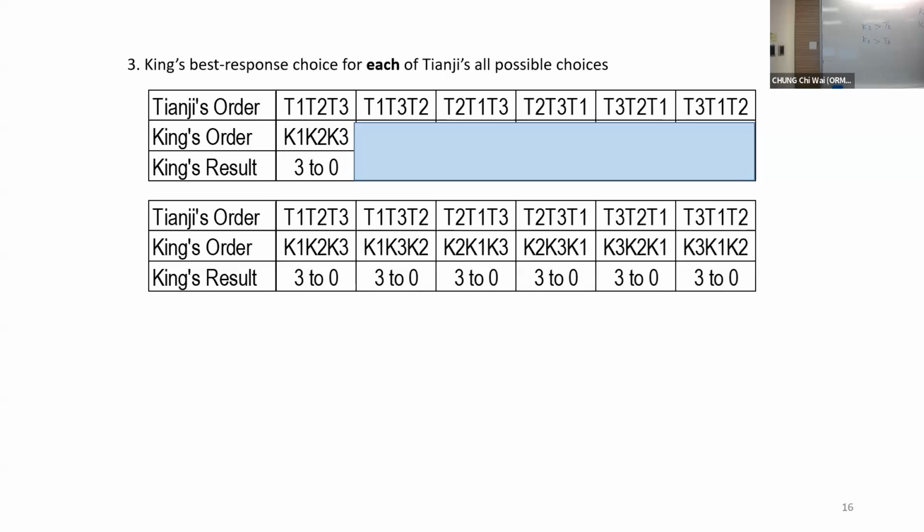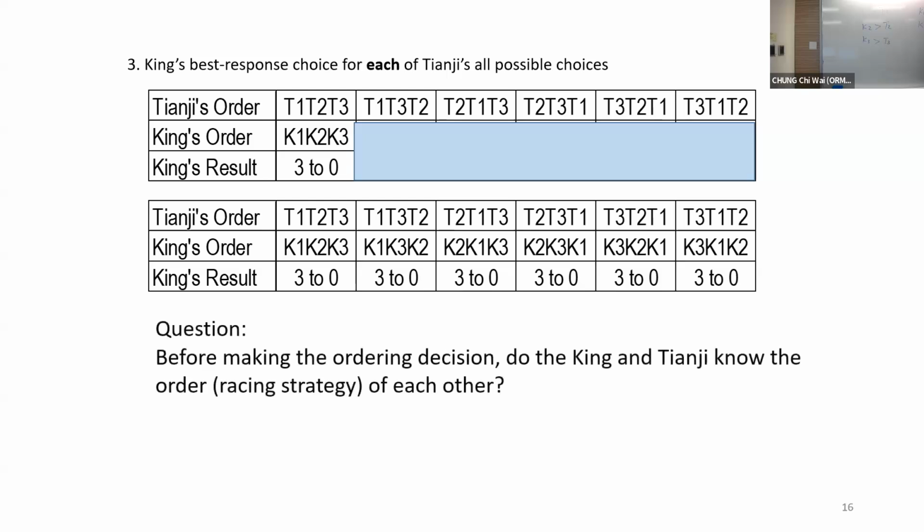Now we have the best response of the king to the decision made by Tianji. But when the players play this game, do they know they should make that happen? And you use this sequence, P1, P2.